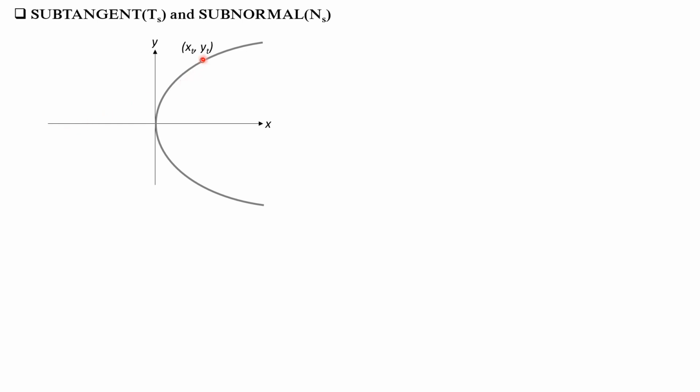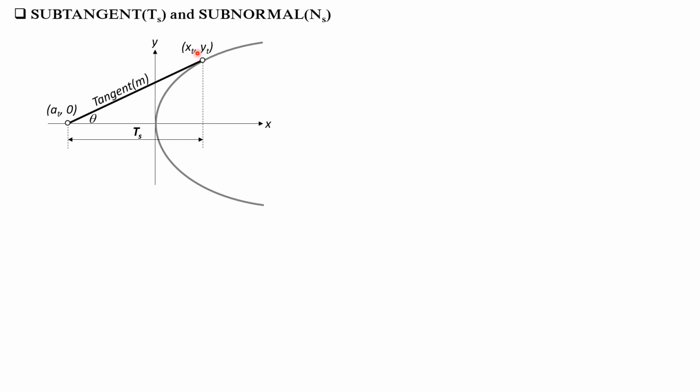The horizontal projection of that tangent line is called the subtangent. So that's the tangent line, and the horizontal projection is what we call the subtangent, as shown in the figure. Let's denote it by capital T sub S.